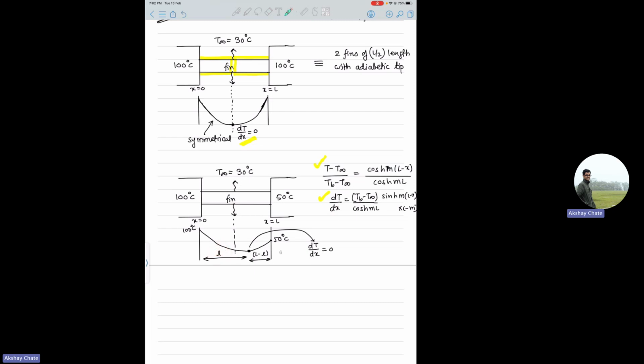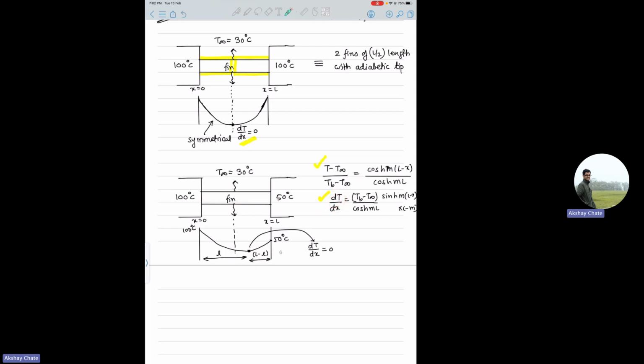Then you assume another fin with base temperature of 50, ambient temperature of 30, and this much length with insulated tip, and you use this length in this formula, make it 0, and get another equation. And then from both equations you equate, because they are equal to 0, right?